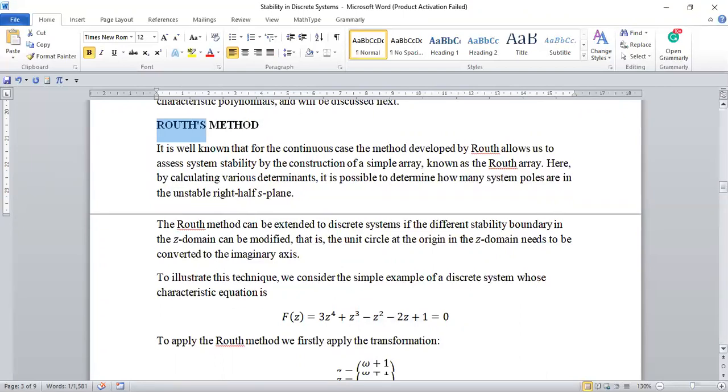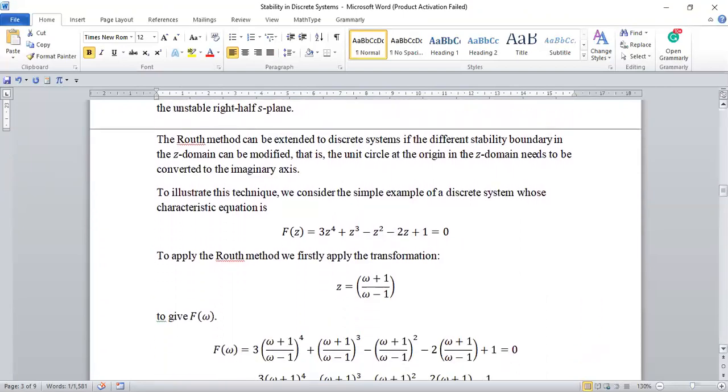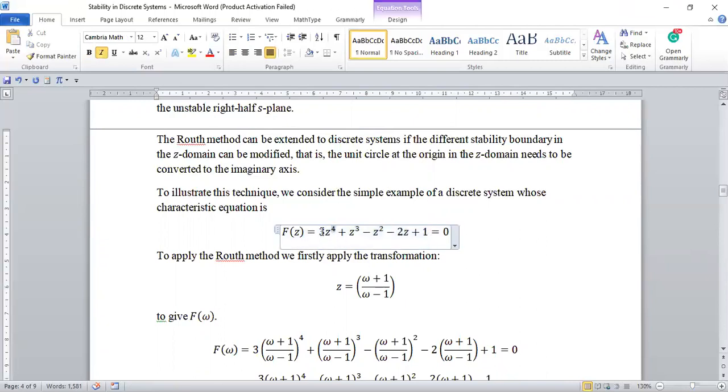So you can go back to your notes to refresh yourself, but we are going to be using the Routh method. We can extend it to determine the stability of discrete systems, but we are not going to construct the Routh table directly based on this. We are going to apply this transformation first.